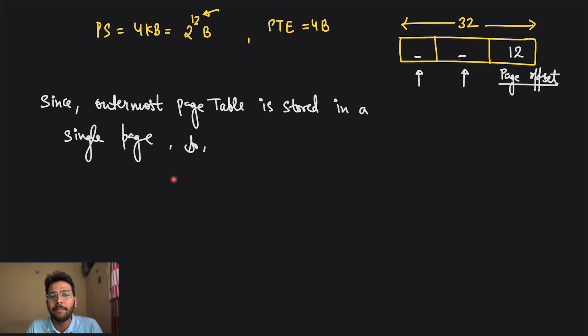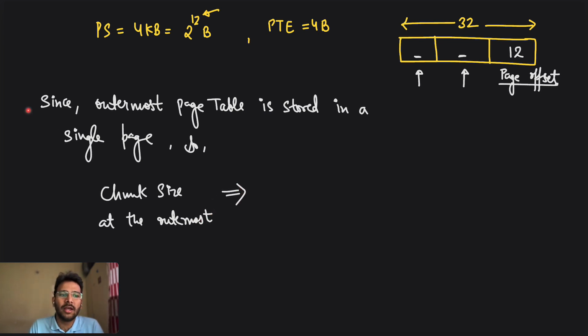So can we say the chunk size at the outermost? What will be the chunk size at the outermost?